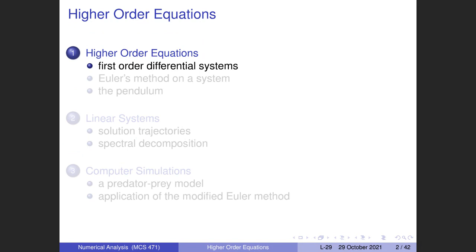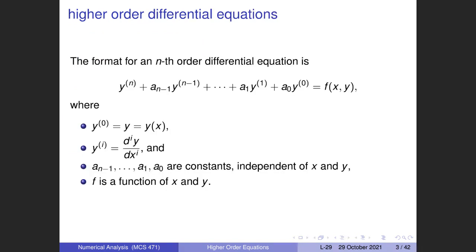All right. Here we have a higher order equation. The order of the equation is n, so we have an nth order equation. The equation is already monic, which means that the leading coefficient is 1.